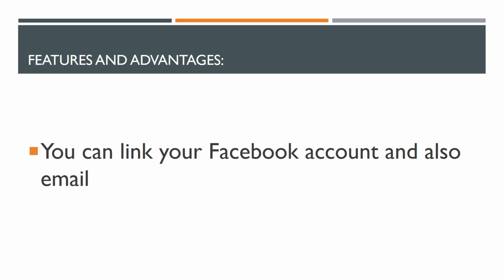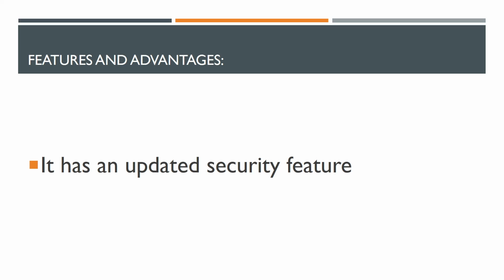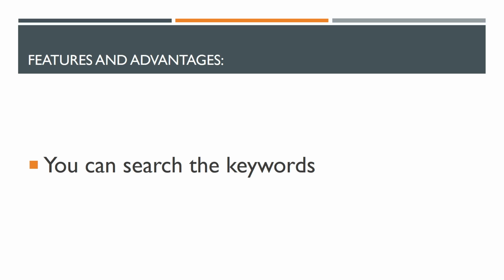So, features and advantages. The first feature is that you can link your Facebook account and also your email so that you can connect easily. Second, it has a security feature that prevents your account from getting hacked. Thirdly, on the main screen you can search keywords and it will begin searching in the system.